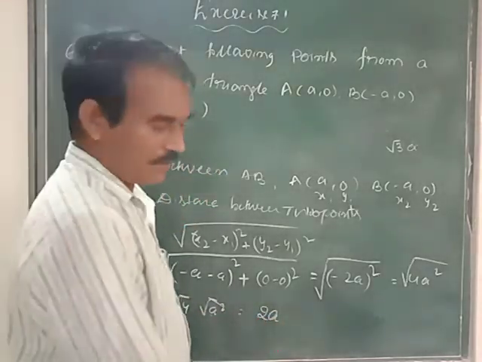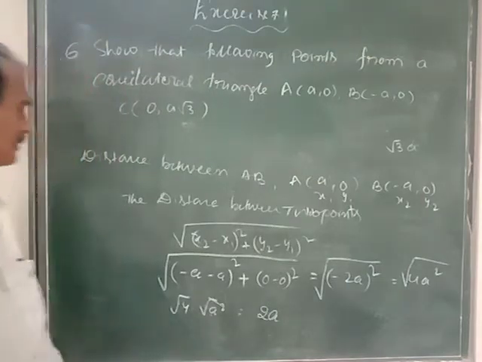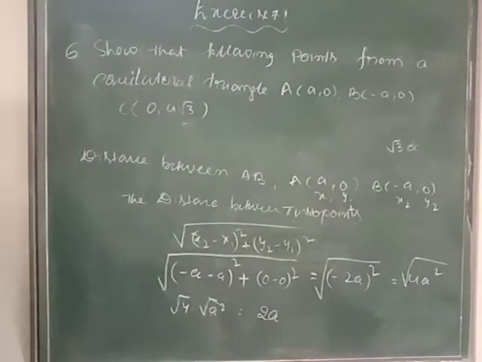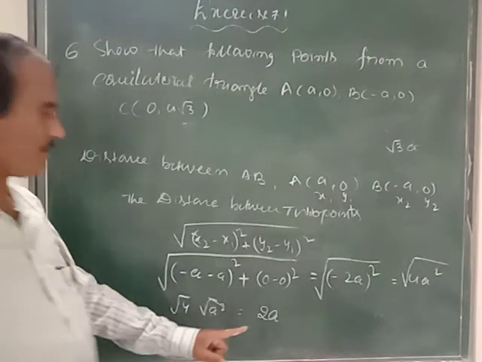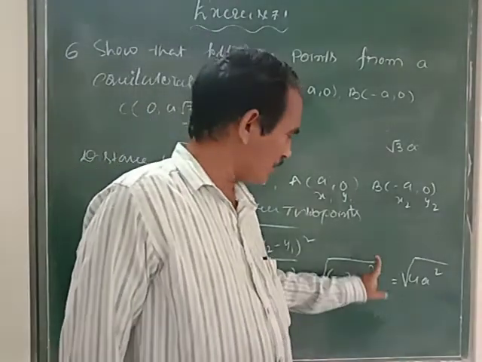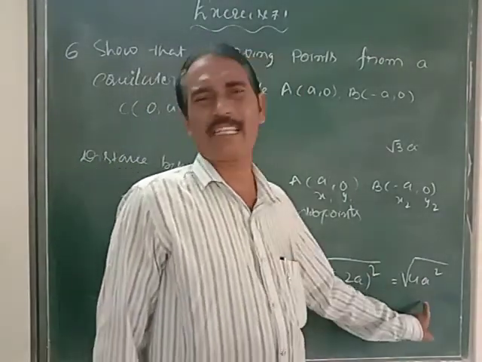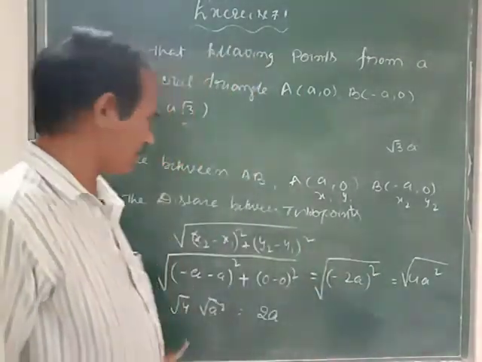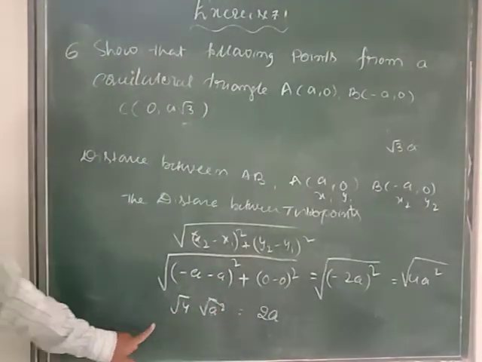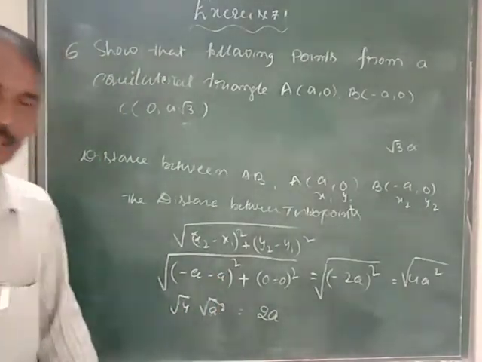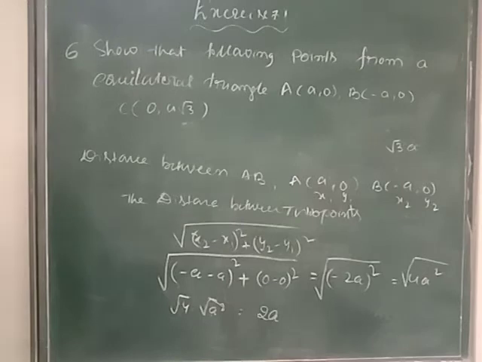What is AB? AB is 2a. Are you clear? Don't write that, square root cancel, first of all you have to expand the value. Then root 4a square can be written as root 4 into root a square. Root and square cancel, that is 2a. Are you clear?